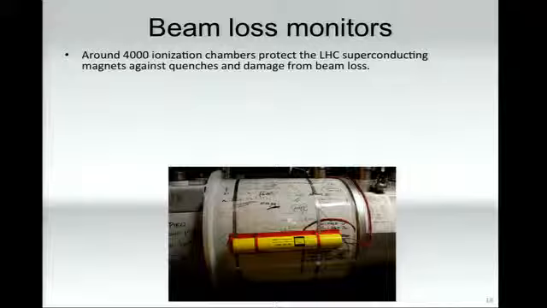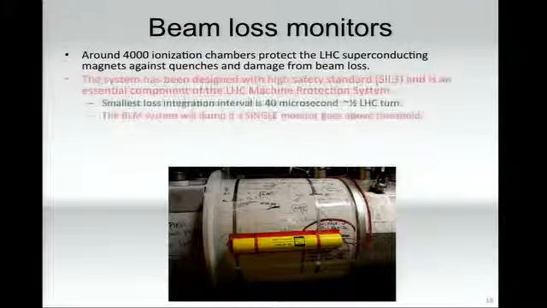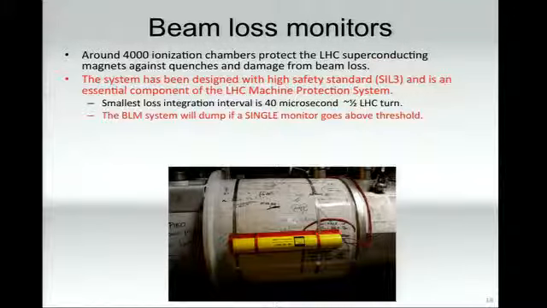And these are plugged into the machine protection system, so very reliable, safety integrity level 3. They're integrating over 40 microseconds, so half an LHC turn, and they have thresholds, and they will dump if a single monitor goes above threshold. So these are active all the time, and if any one of them goes above threshold on any time scale, the beam gets dumped.